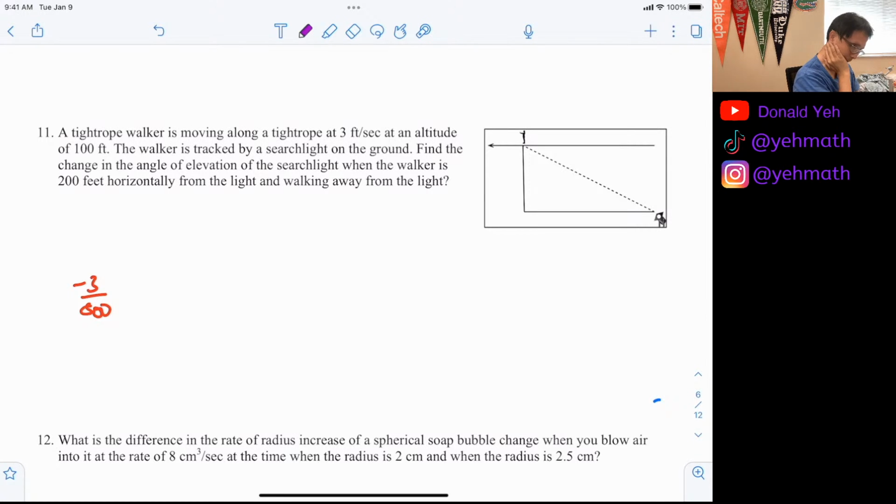So you got X over 60, then X over 2. Maybe X over 3.